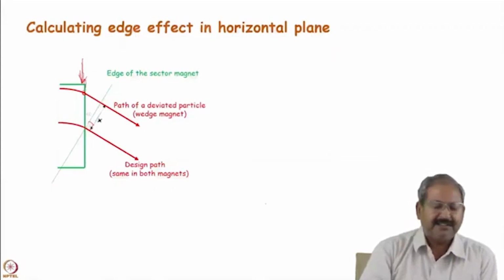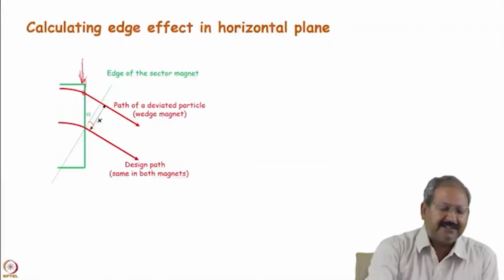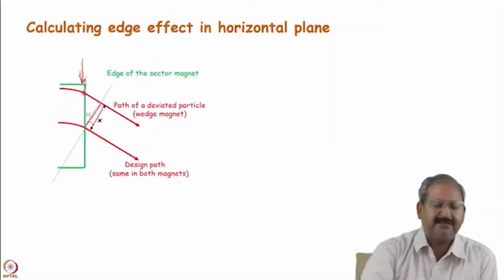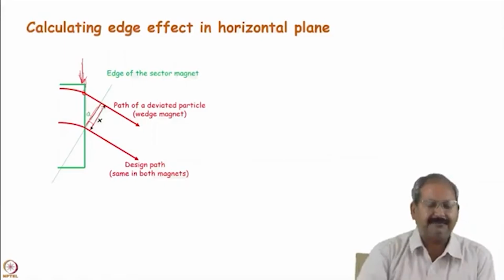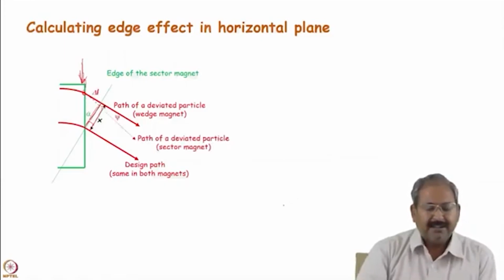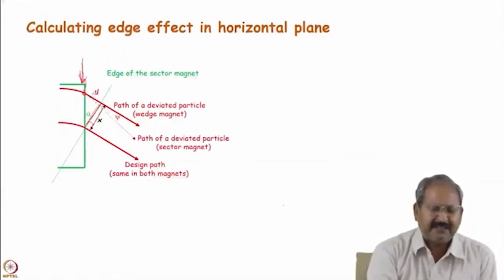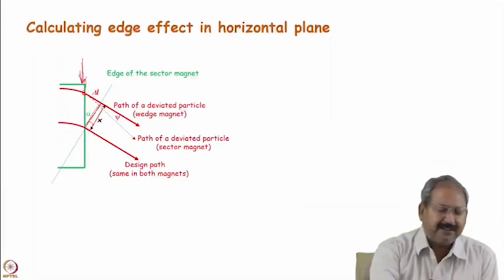Now in this case, you can see that this is the deviation x at the sector edge in this path from the design axis. And take the angle between the current edge and the sector edge as alpha. Had it been a sector magnet, the bending would occur up to this point, so the trajectory would come out at this point.